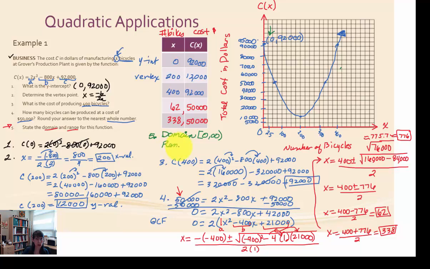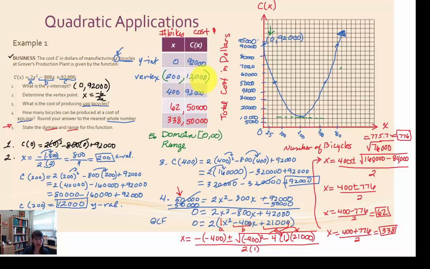For the range, this is our output. Our output is the cost. The lowest cost is found here at this vertex point. So to know exactly what that value is, we can go back to our table here. X value was 200 and the output or cost was 12,000.